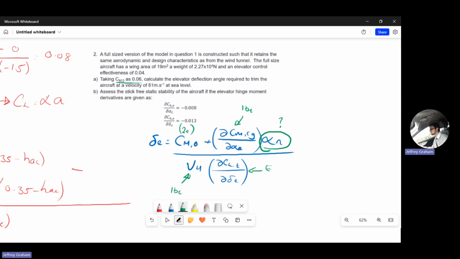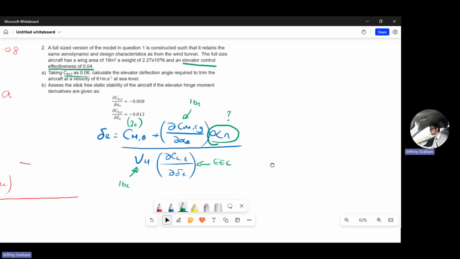I just put EC for that, elevator control effectiveness. Right, so we've got one thing to work out, and alpha N comes from finding what CL is, linking it to the trim, the lift curve slope, and basically coming back to that.